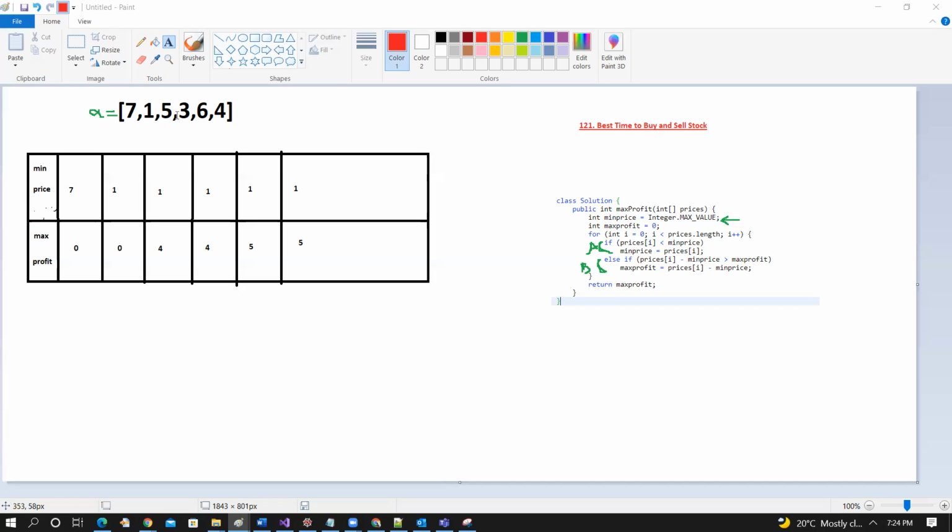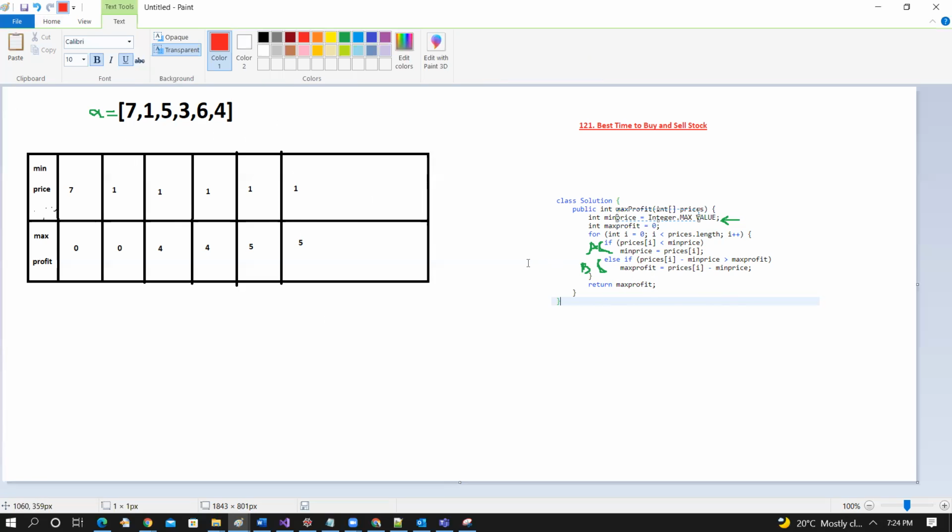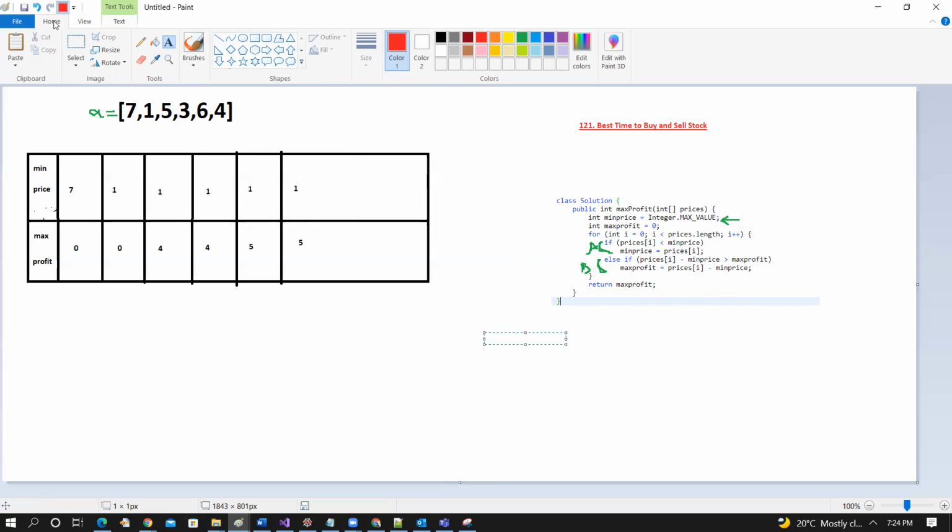So in this set of numbers we will have two parameters: one is the minimum price, another is the max price. How these contribute to getting the maximum value, we will see with a dry run.